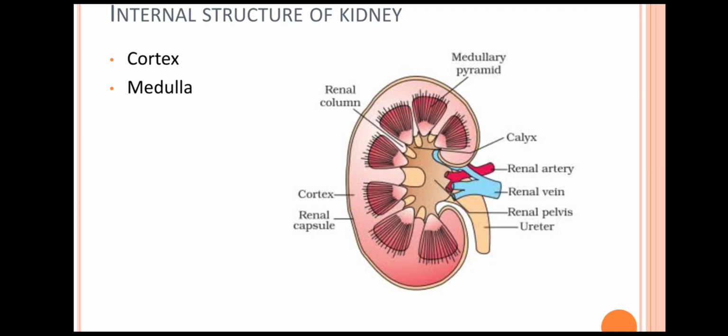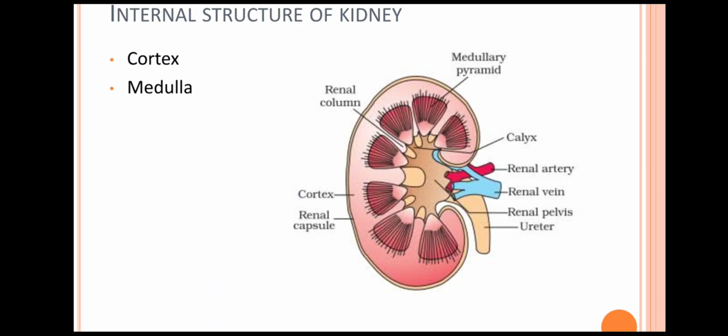We can see that the outer layer of the kidney is usually a tough capsule in order to protect the kidney from shock or any kind of injury. If we look at the inner structure of the kidney, then it is divided into two parts.